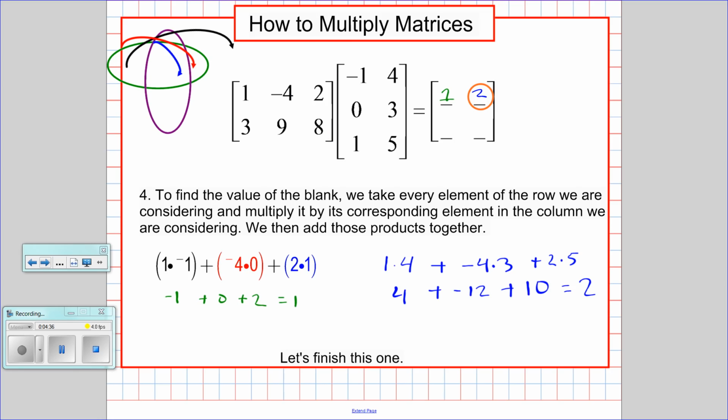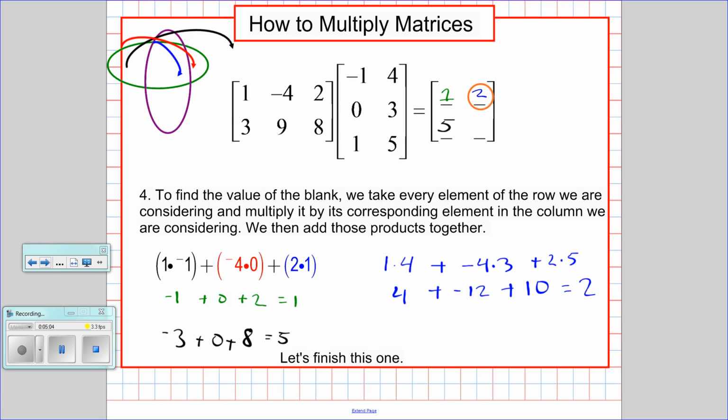All right, here I go. -3 plus 0 plus 8. -3 is 3 times -1. 0 is 9 times 0. And 8 is 8 times 1. When we add all of those together, we get 5.